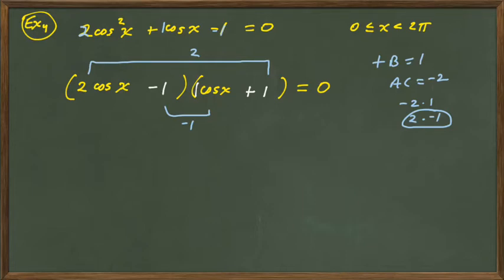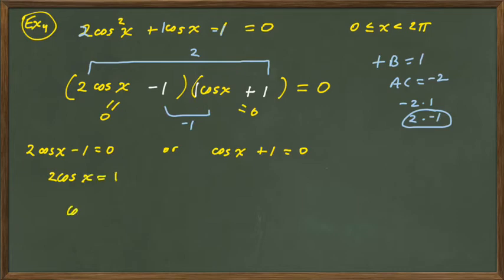Now, if something times something equals 0, one of these has to equal a 0. So 2 cosine x minus 1 equals 0, or cosine of x plus 1 equals 0. You have to isolate the variable. Add 1 and divide by 2. Where does that occur?